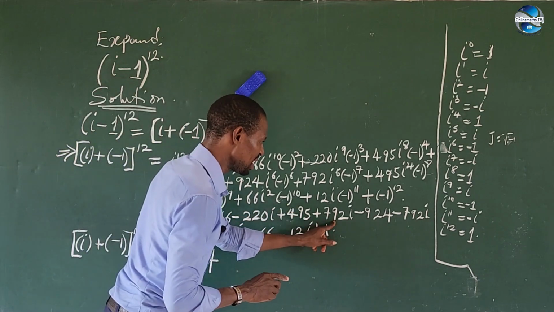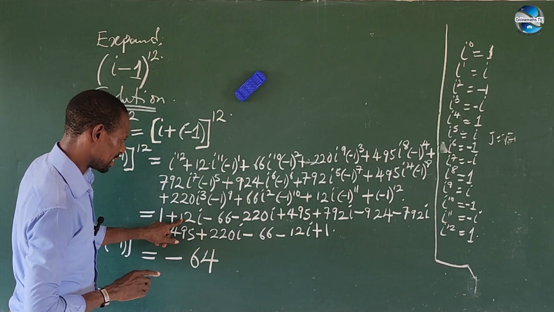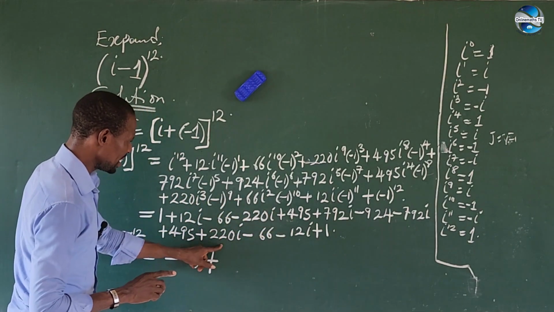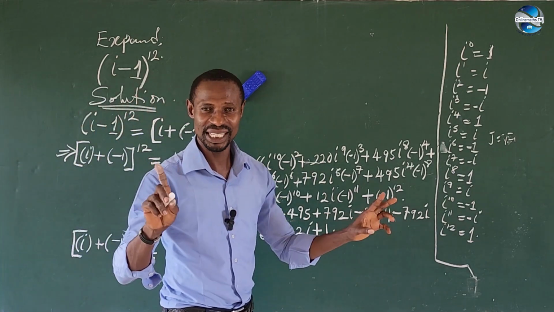Mind you, this and this will leave the system to make the work easier. This and this will also leave the system. Remember? Then this and this will leave the system. So at the end, we discover that our iota will leave the system.